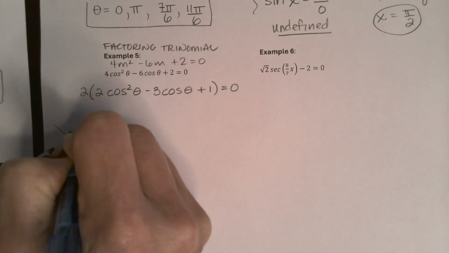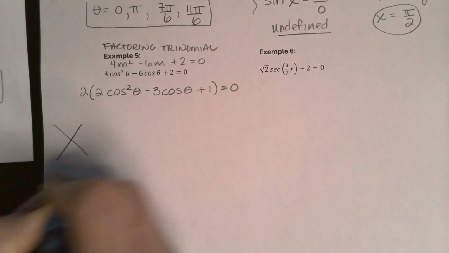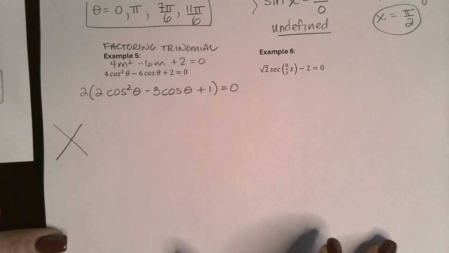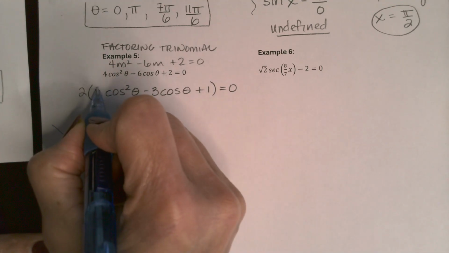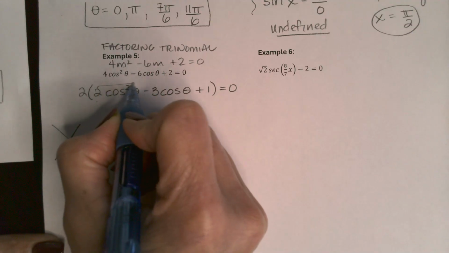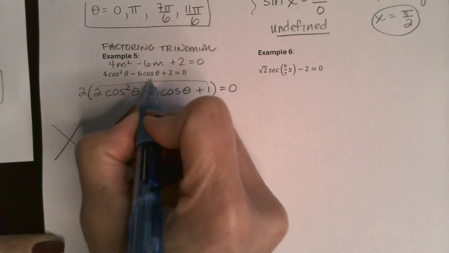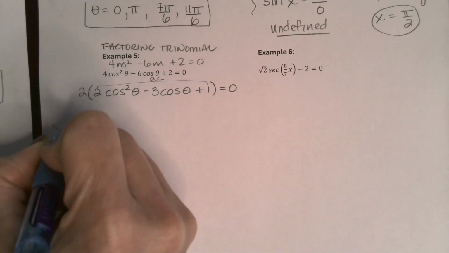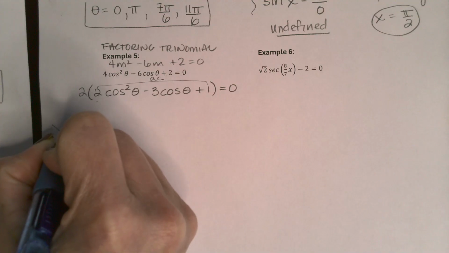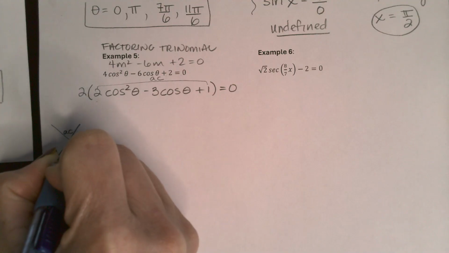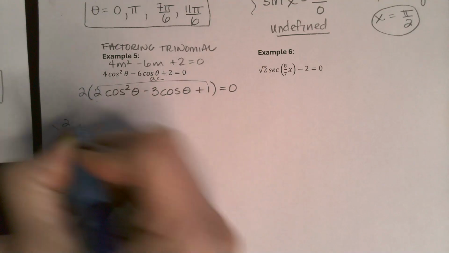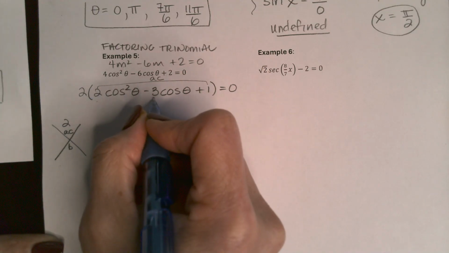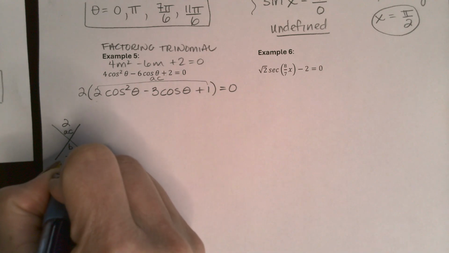So first, let's figure out what those middle terms are going to be. Here's this big X organizer that some students use. Use the method you have been practicing with all along. So A times C, we first start with our AC value. So I'm going to put AC right here. A times C, and this is our B value. A times C in our problem is a 2, and our B value, the middle term, is a -3.